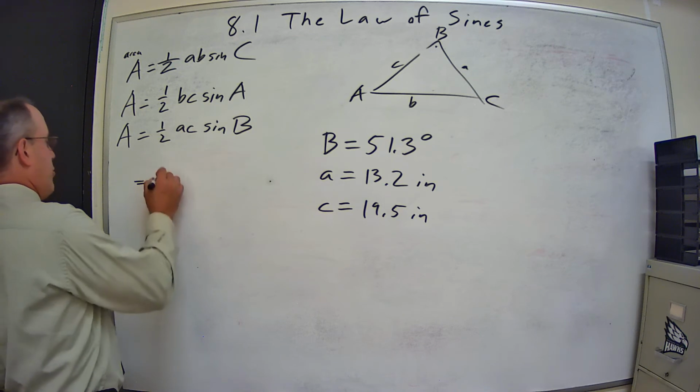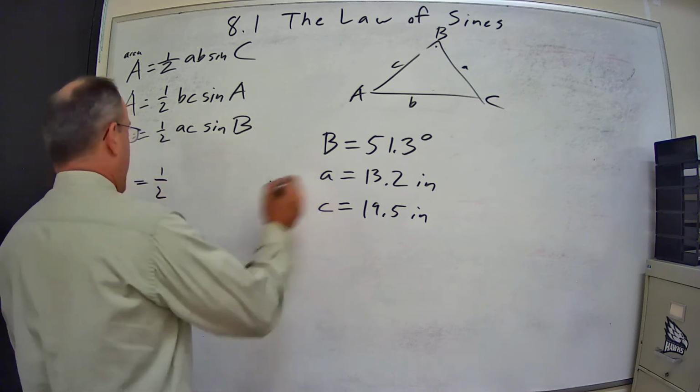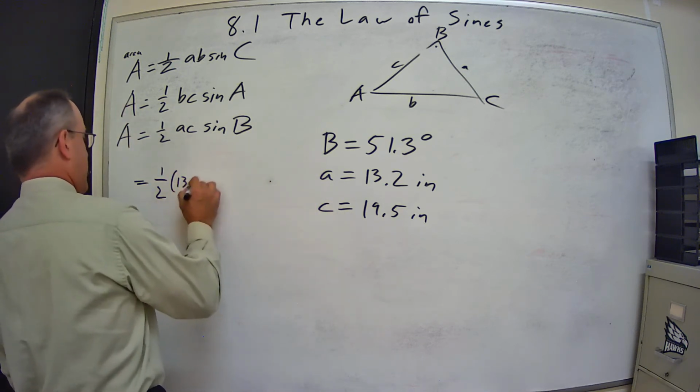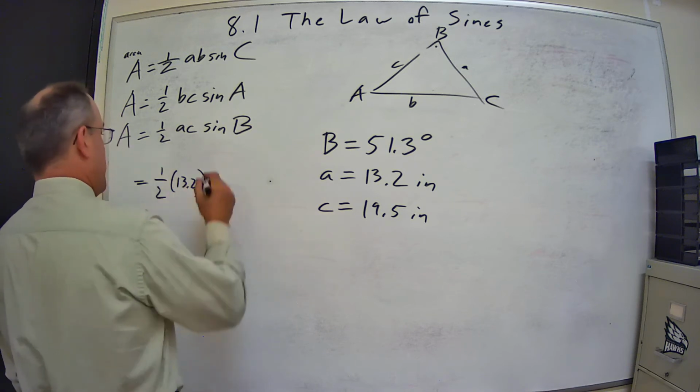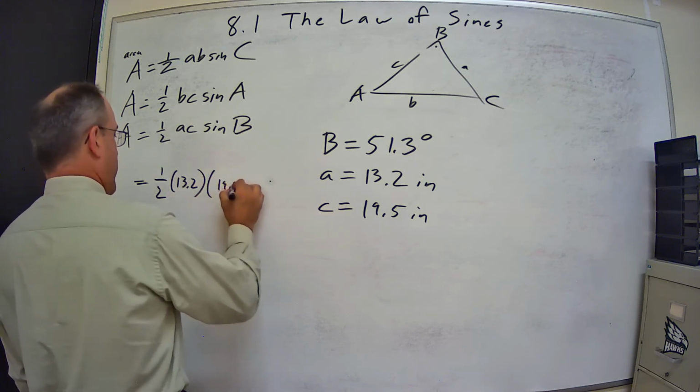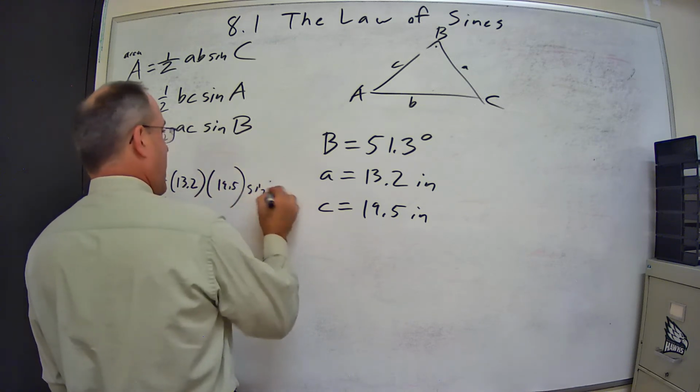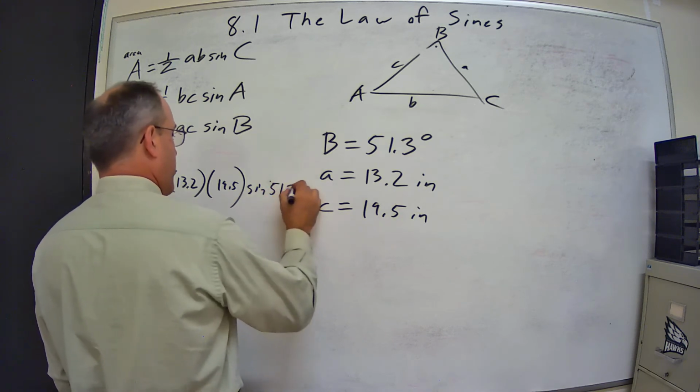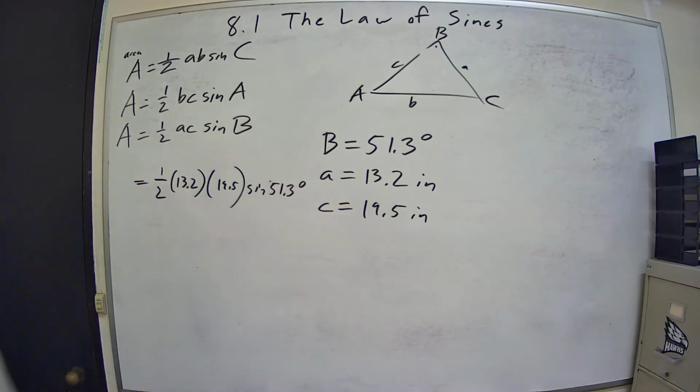It is equal to 1/2 times A, 13.2, times C, 19.5, times the sine of B, 51.3 degrees. So grab my calculator.